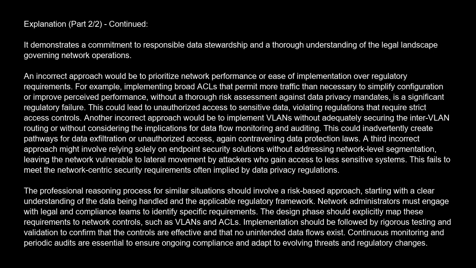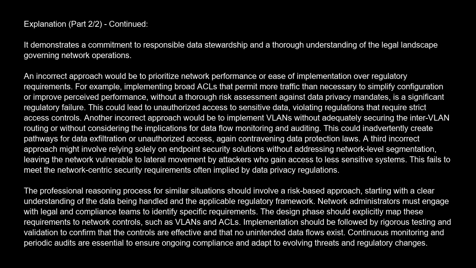An incorrect approach would be to prioritize network performance or ease of implementation over regulatory requirements. For example, implementing broad ACLs that permit more traffic than necessary to simplify configuration or improve perceived performance, without a thorough risk assessment against data privacy mandates, is a significant regulatory failure.